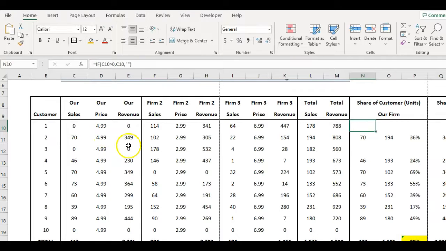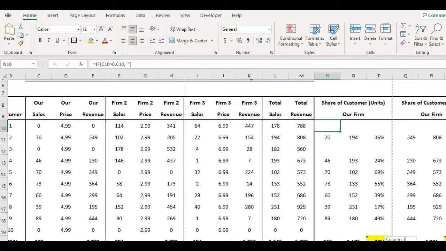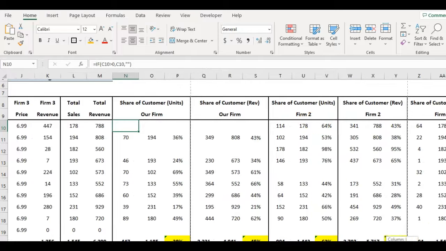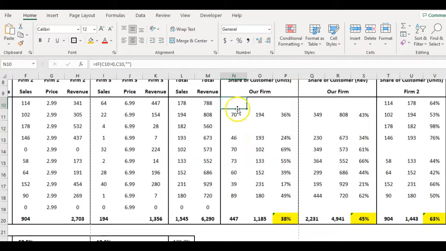Otherwise, ignore it. Give me a blank. The double quotation mark there means just give me a blank cell. And I do the same thing for revenue, and I do the same thing for each firm. So the same formula carries across, and because there's blanks in there, it's not going to affect my averages.